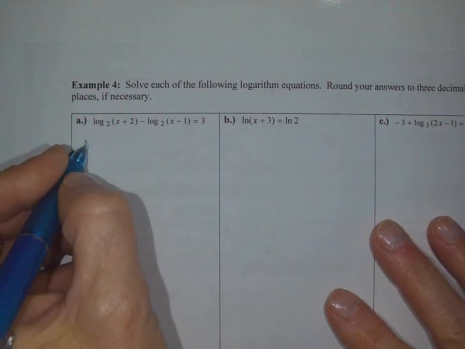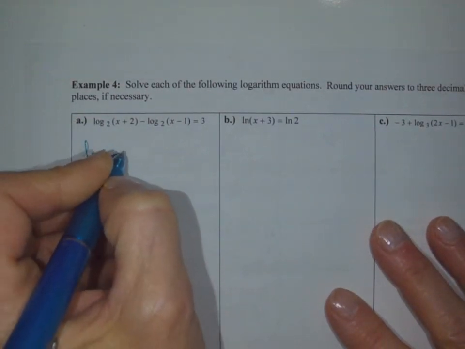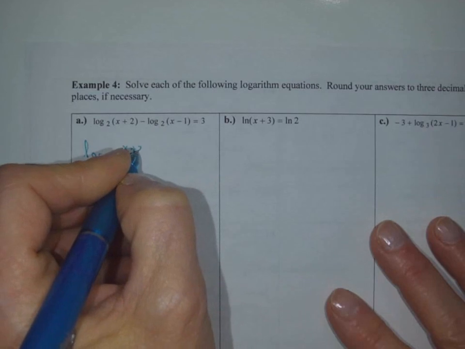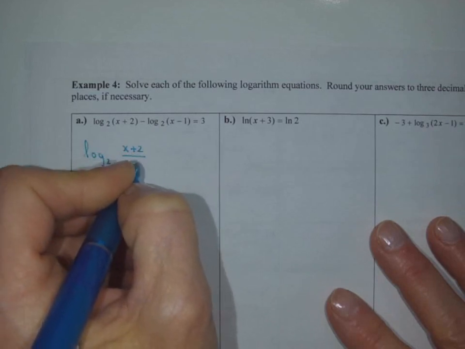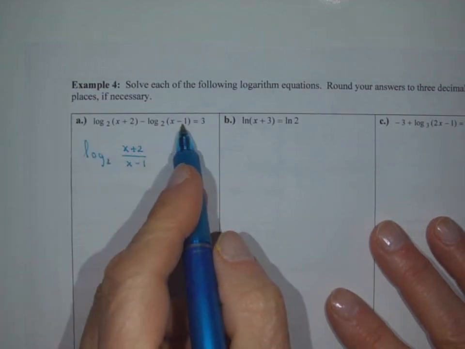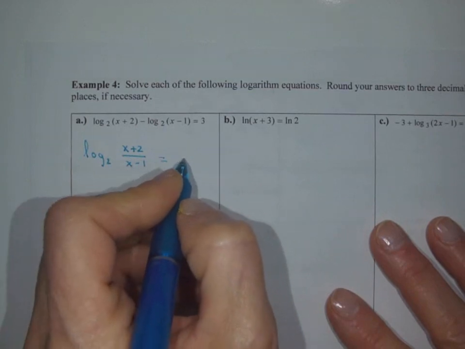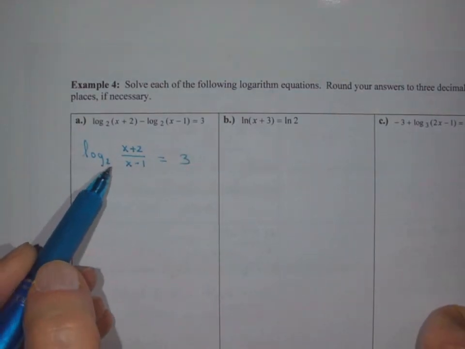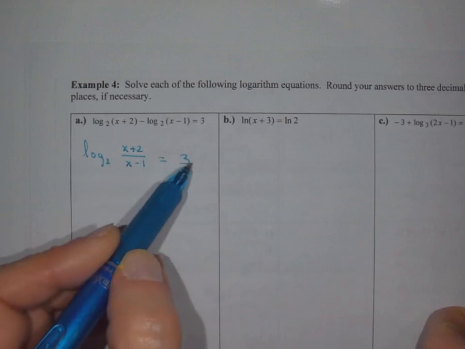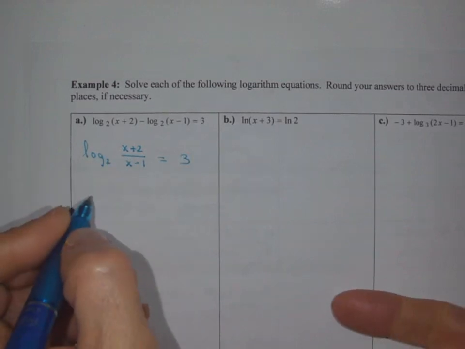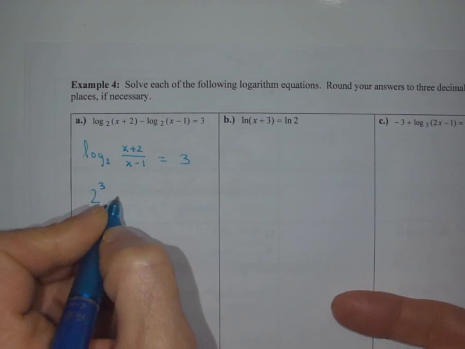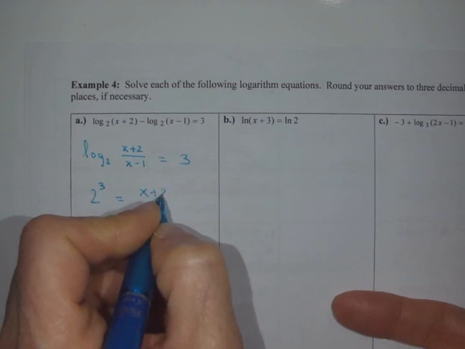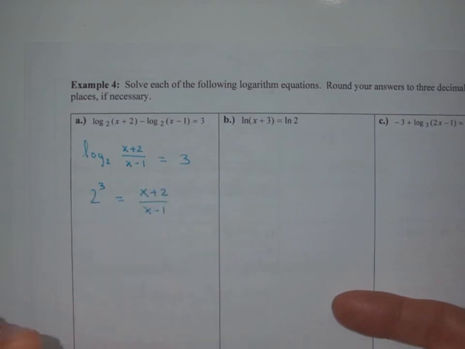So we're going to have a log base 2 of x plus 2 divided by x minus 1, right? Because this one is the minus, and then all of that has to be equal to 3. Now switch to exponential. Remember we said the base to that power is equal to that. So 2 to that power is equal to x plus 2 over x minus 1.